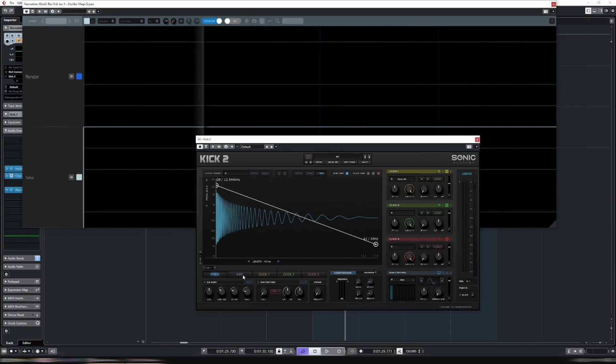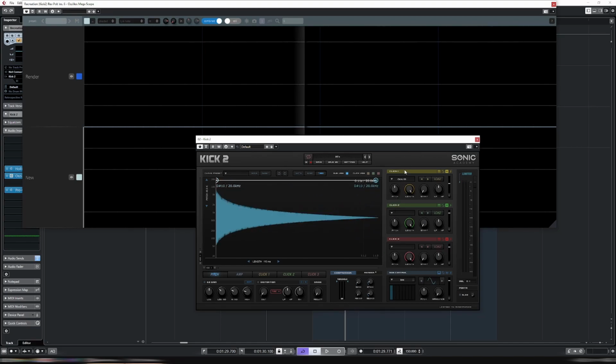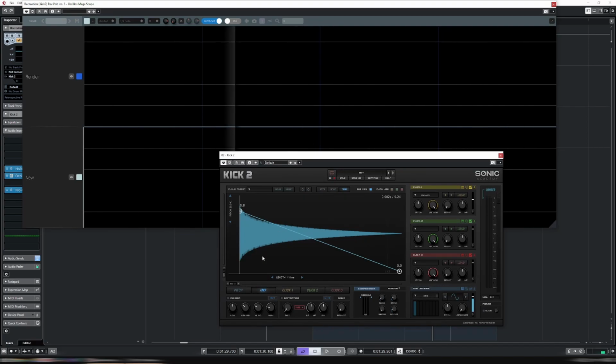So first of all, what I like to do is move the pitch all the way up so it's inaudible. So 20k, I doubt very much whether you'll be able to hear that. And then we'll look at the amp. The reason why I do the pitch all the way up is because of the waveform density.